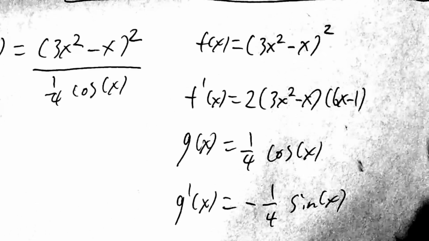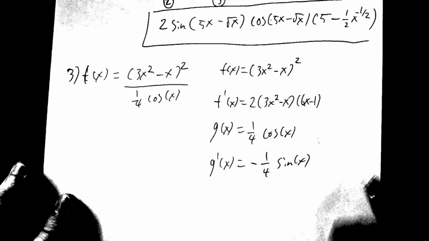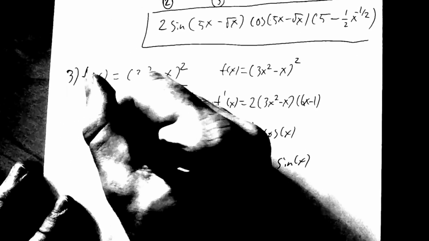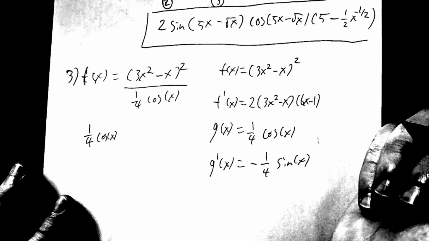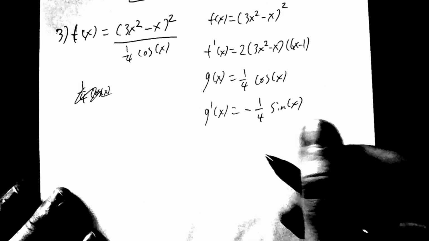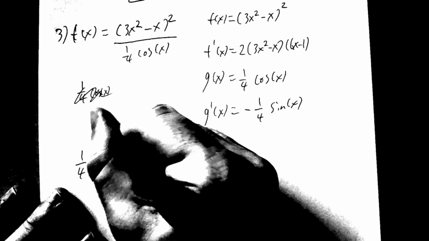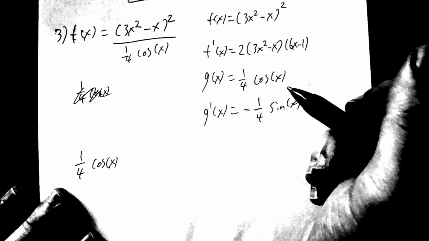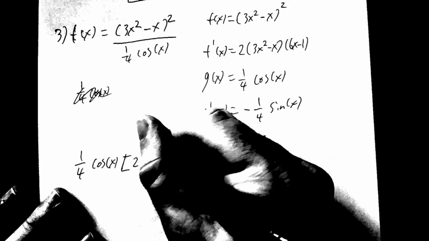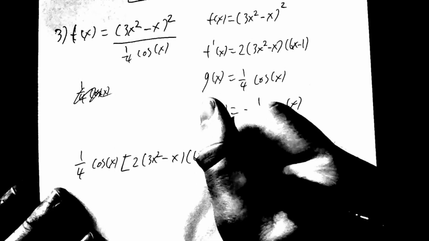Once you have your values here, you are good to substitute in. So I'm going to do that over here on the left. I know to start with g of x, 1/4 cosine x. I hope I left myself enough room. I don't think I did. Okay, I'm going to do it down below because I'm going to run out of space. 1/4 cosine x, derivative of f of x is this whole 2 times 3x squared minus x, 6x minus 1.